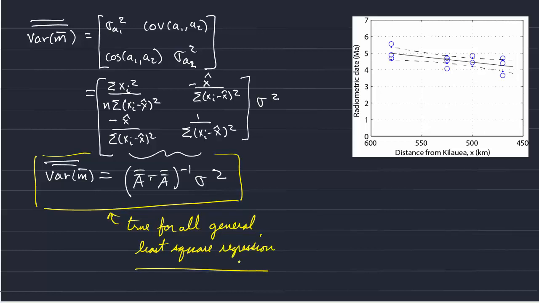It's not specific to a line. This is true for all basis functions, whether it be lines, polynomials, or other functions. So this is a powerful way to quantify the variances of the model parameters.